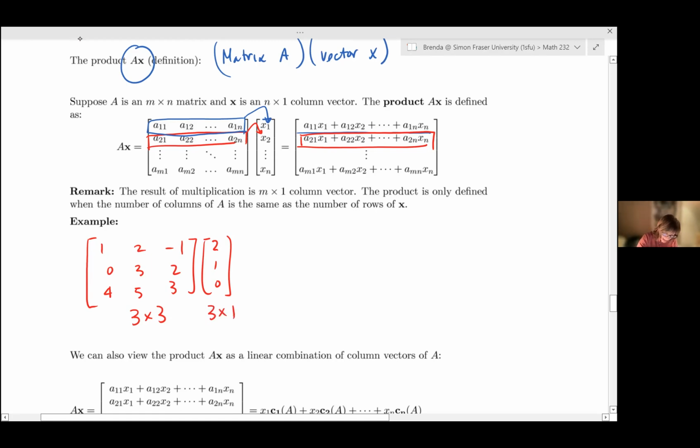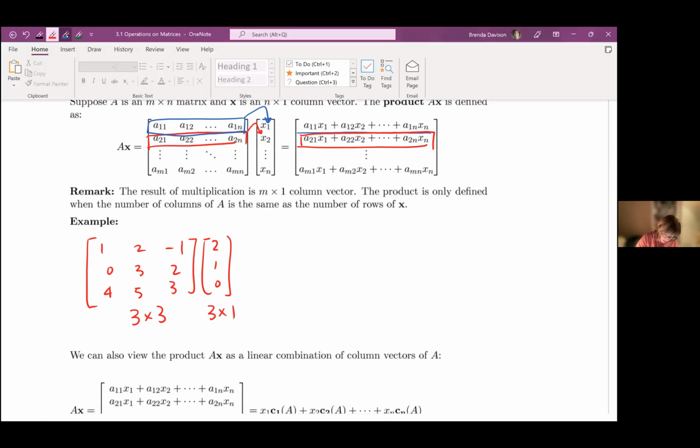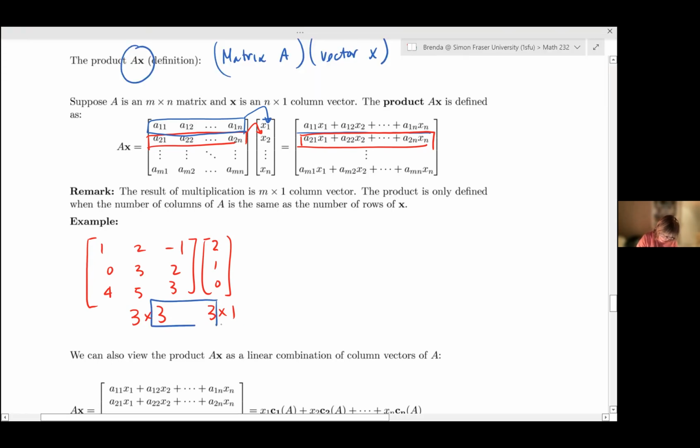And what has to happen is that these two numbers have to be the same. Otherwise, the multiplication won't work. Not only that, once you've determined that those two numbers are the same, the resulting object that you get will be of this size, 3 by 1. So over here, we're expecting 3 by 1.